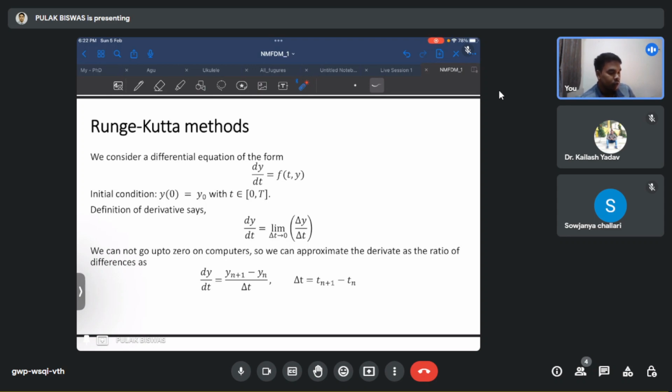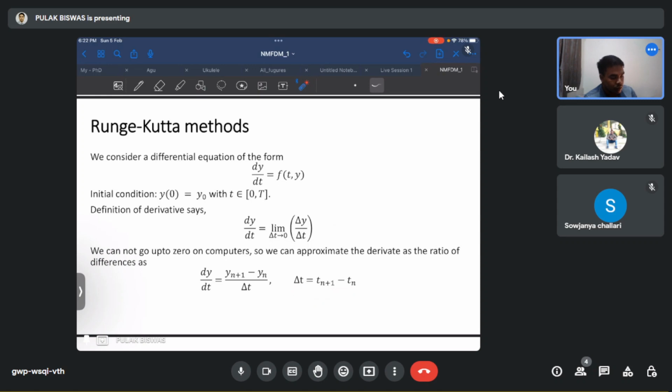So what we can do is still represent this derivative in terms of ratios of the variations in y and the time. In this case, delta t is like this.